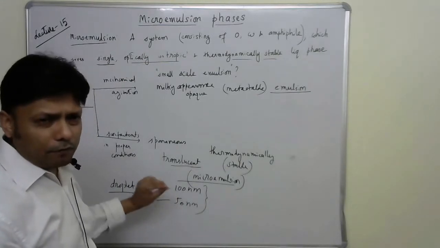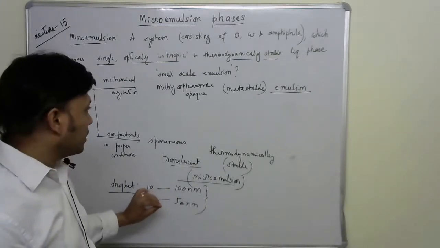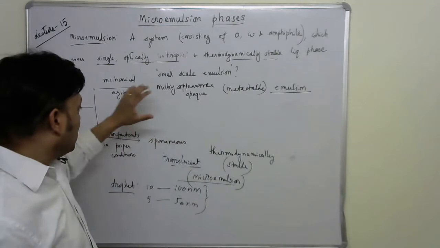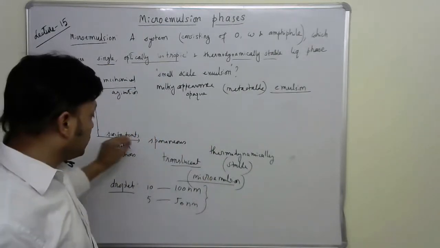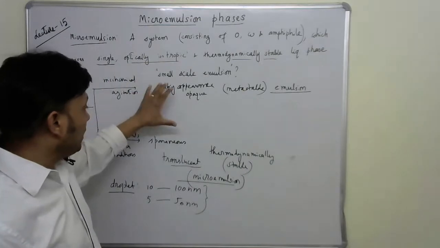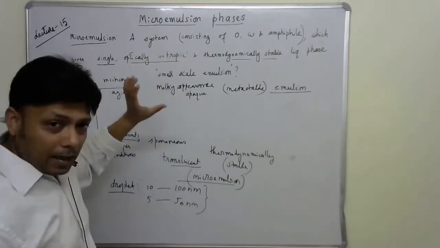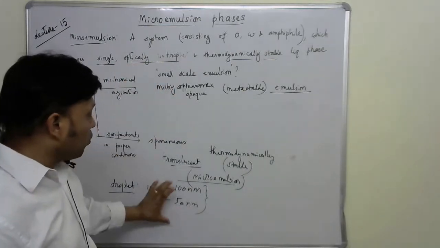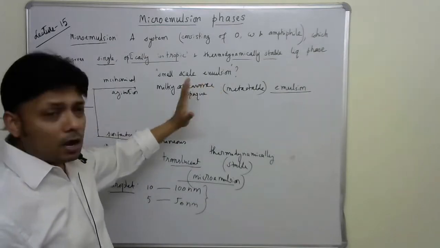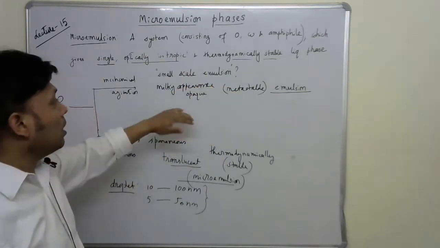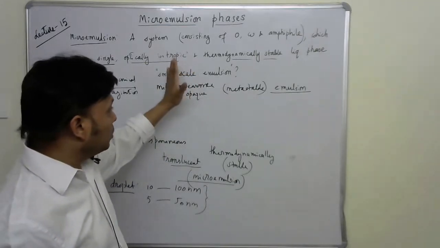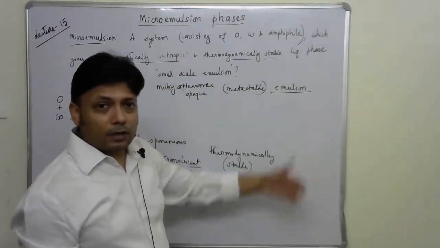So they are very tiny. Interestingly, these microemulsions form spontaneously in the presence of surfactant, whereas with mechanical beating the droplet sizes are more than 100 nanometers, basically in micron sizes. When we stop beating, it goes back to the phase separated state.